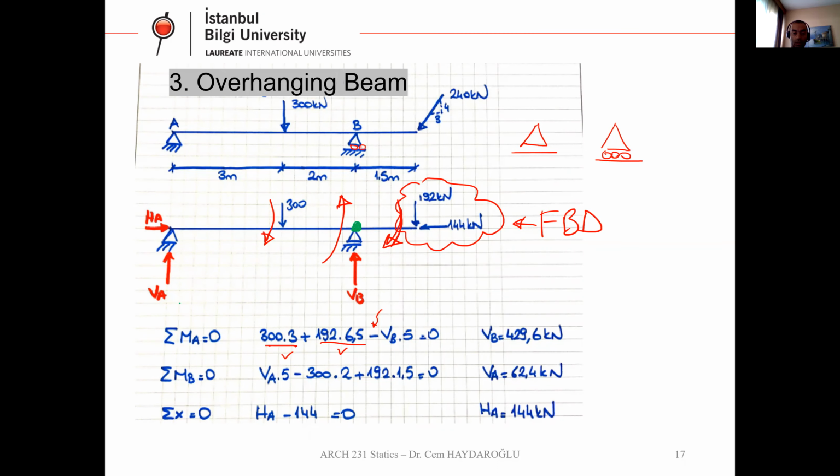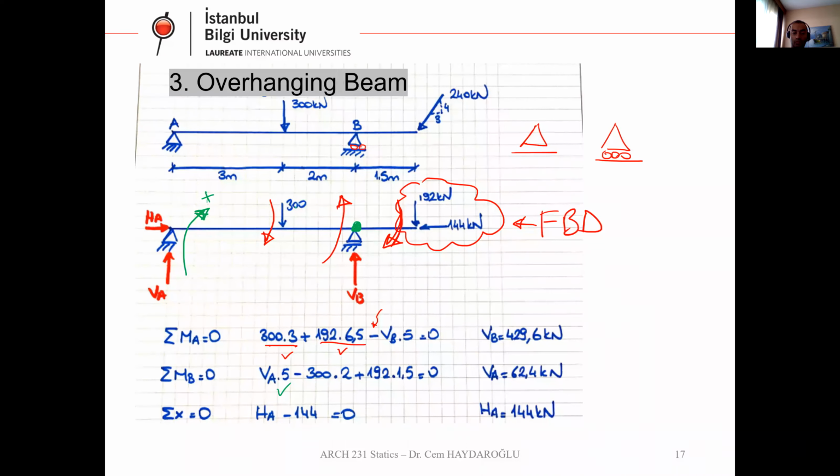Now, vertical A rotates the system in this direction. Vertical A times 5. That's okay. I assume this is the positive direction.